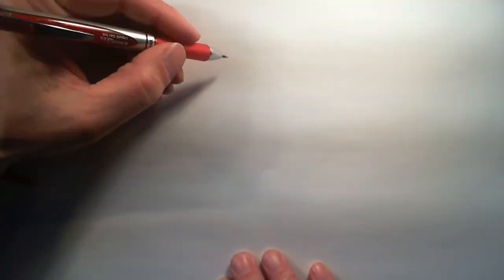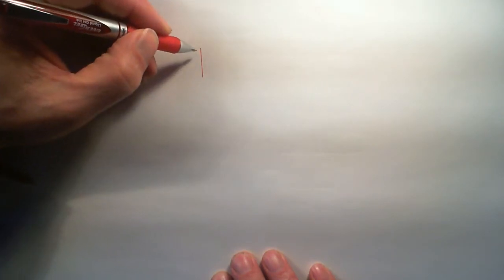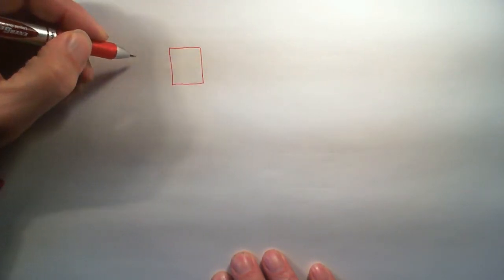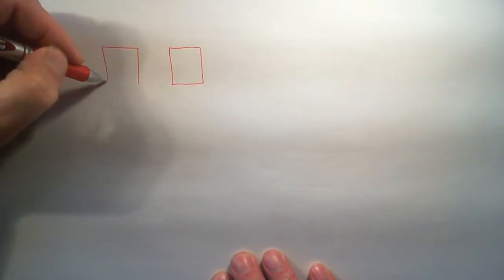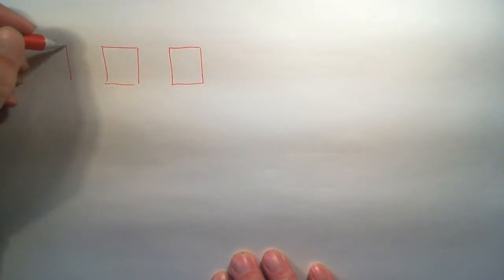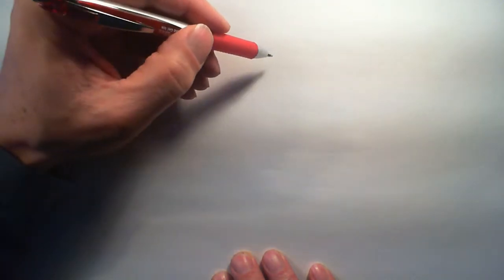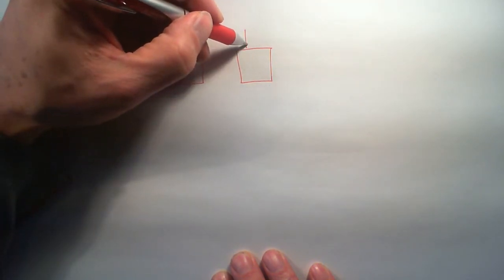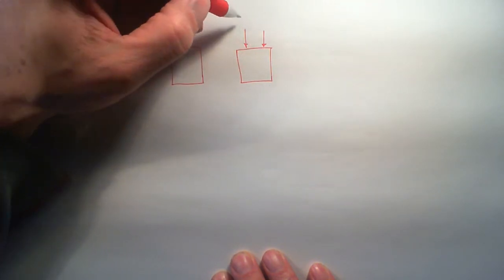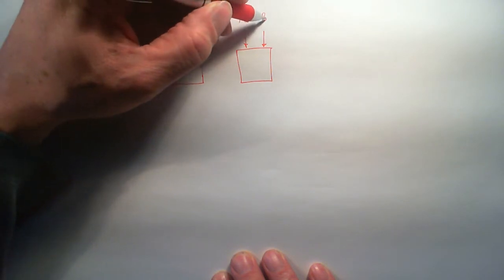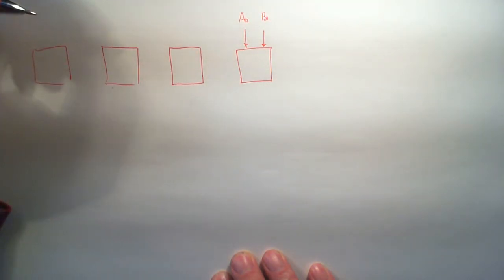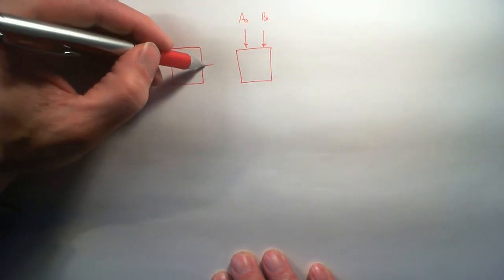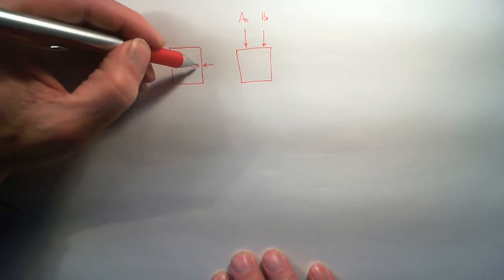So if I sketched a couple of bit slices like so, and into this bit slice come the operands A0 and B0, and I'm trying to decide what the carry in to the next stage might be here.